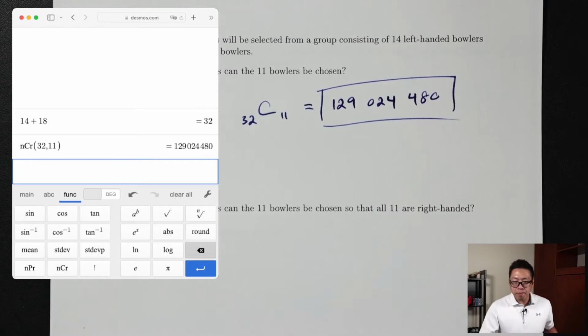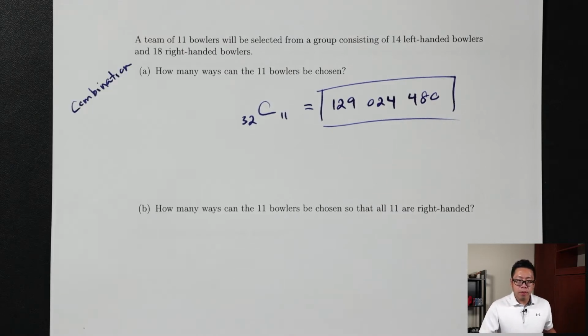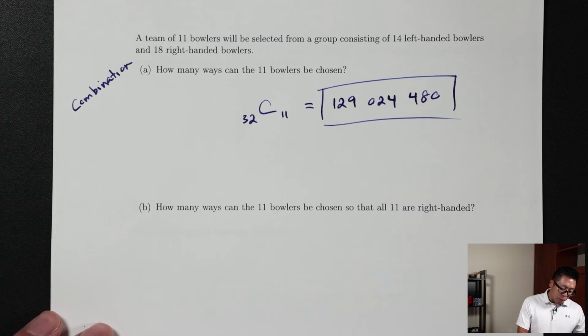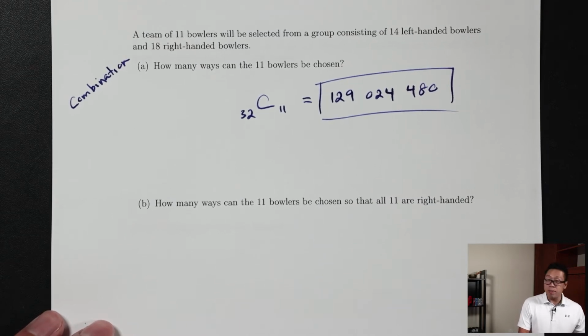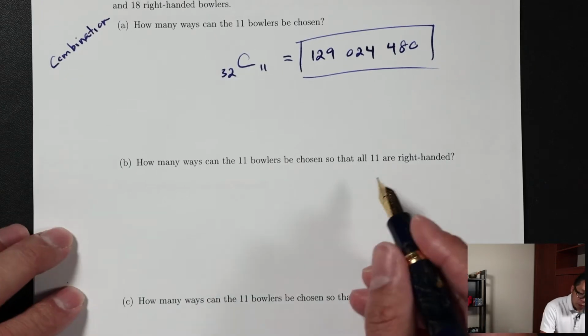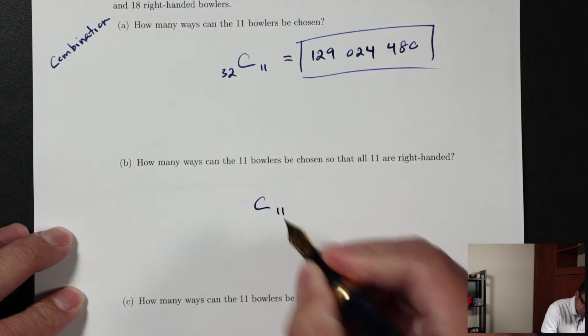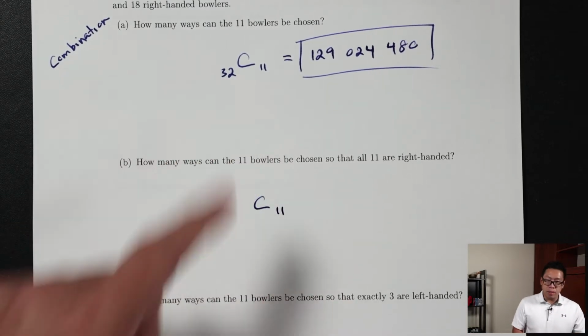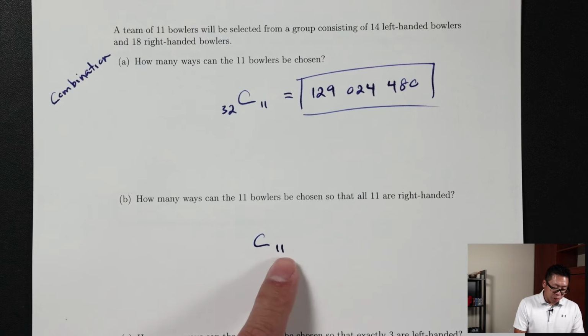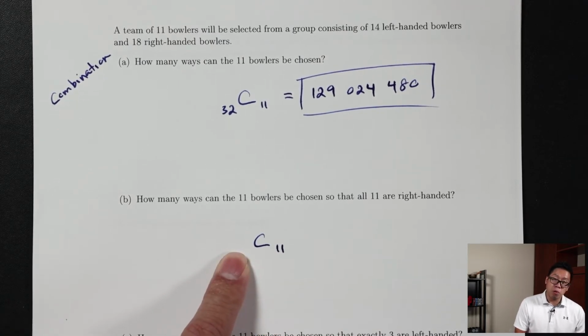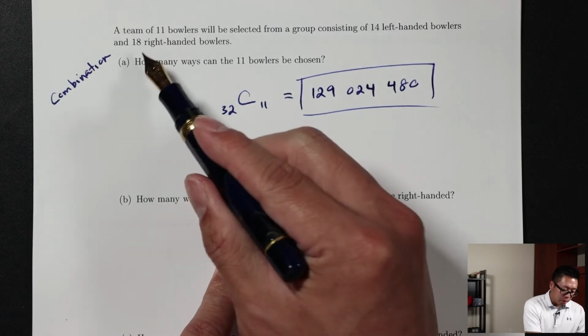Okay, next part. How many ways can the 11 bowlers be chosen so that all 11 are right-handed? So if I want all 11 right-handed, instead of choosing from the entire 32, I'm just going to choose it from the right-handed bowlers. So how many right-handed bowlers are there total? There's 18.